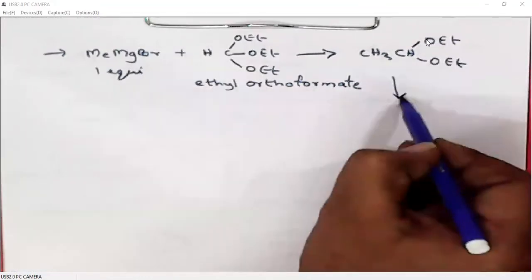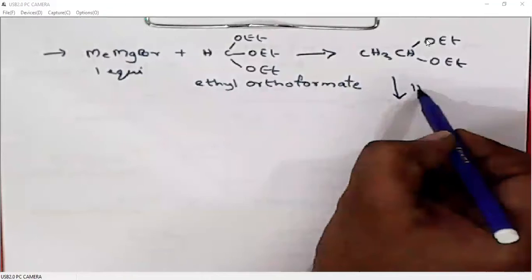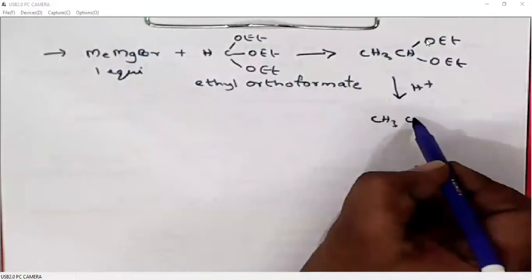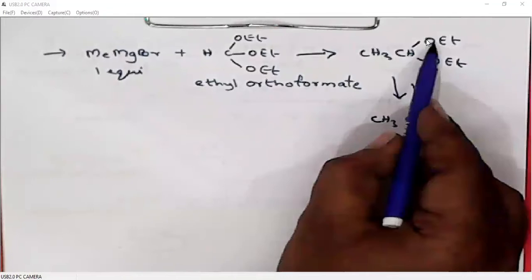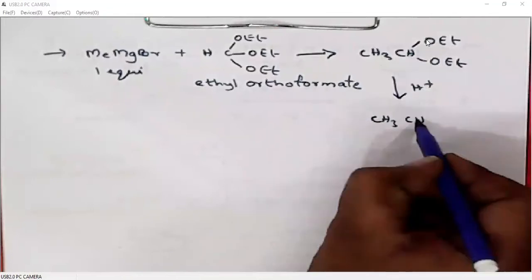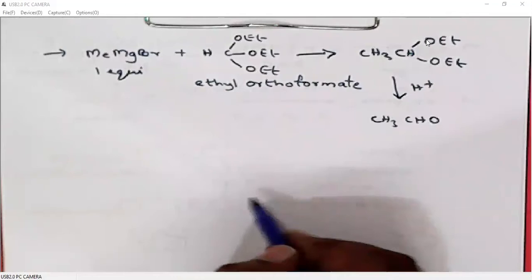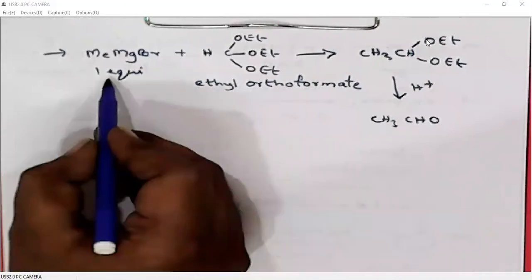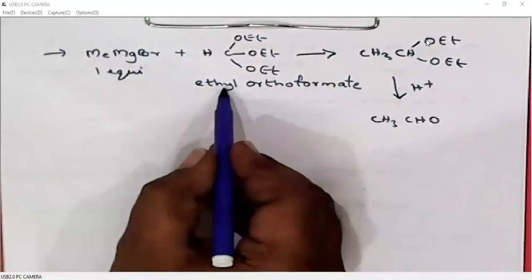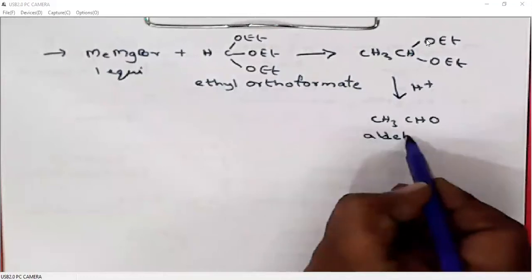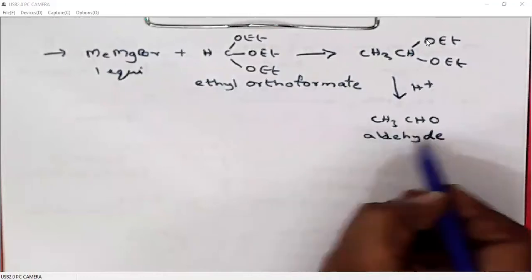Of course, acetals can be hydrolyzed to the corresponding alcohols, and two alcohols will be converted to carbonate. So Grignard reagents on reaction with orthoformates will generate aldehyde. What is the product?